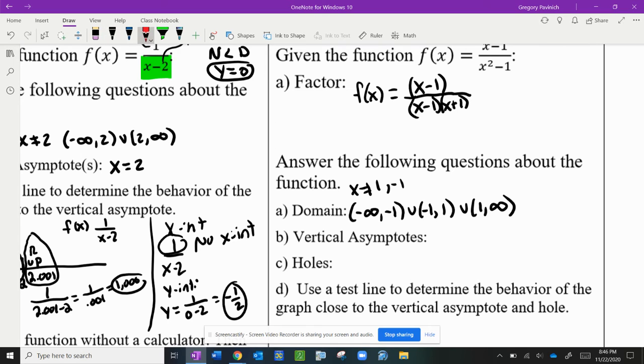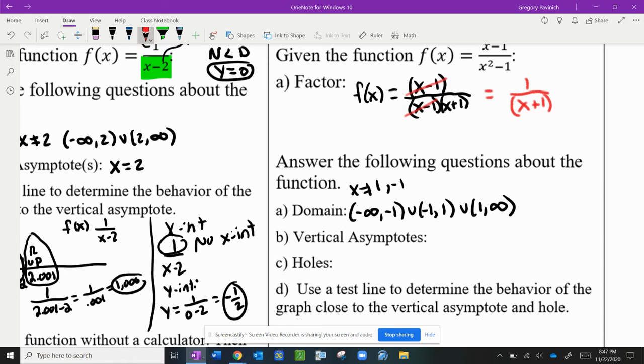Notice that this function reduces. The x minus 1 in the denominator reduces with my factor in the numerator. So I have this 1 over x plus 1 when I'm done. When you have a pointed discontinuity reduce out of the function with the numerator, that is what we call a hole.